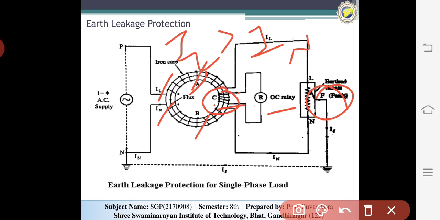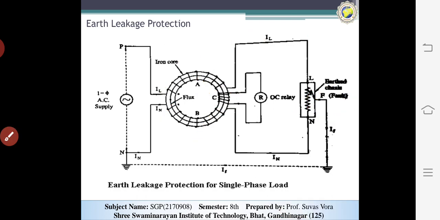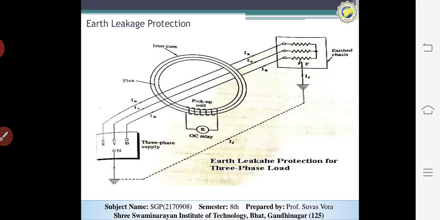So this is the basic diagram of the earth leakage protection system for single phase load connections. Now we can see the three-phase system.